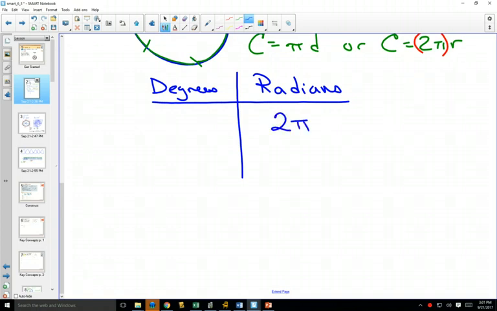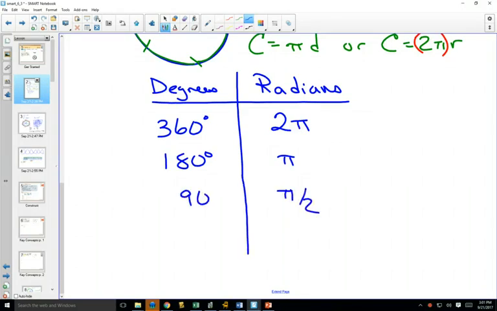Perfect. 2 pi radians is equal to 360 degrees. Yes? Pi equals 180 degrees. Excellent. Pi over 2 is 90 degrees. Good. So we can start to see that we can find a whole bunch of different ones.